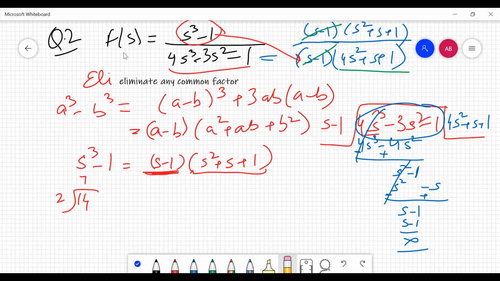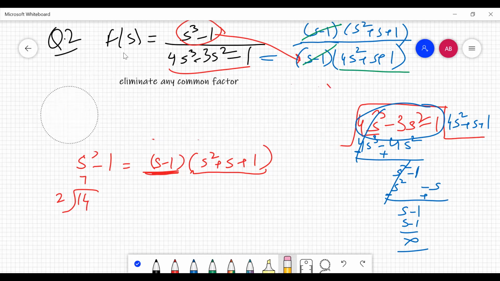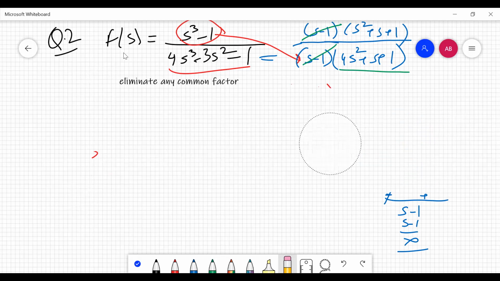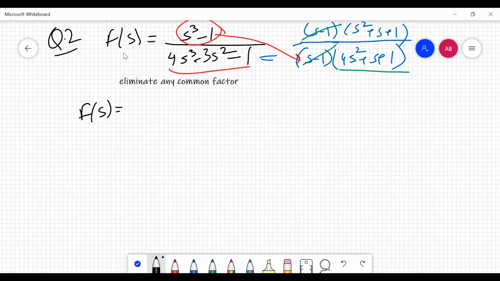So the very next thing you need to do is take the CFE of numerator and denominator separately. After eliminating, the final function you have got is s square plus s plus 1 divided by 4s square plus s plus 1.